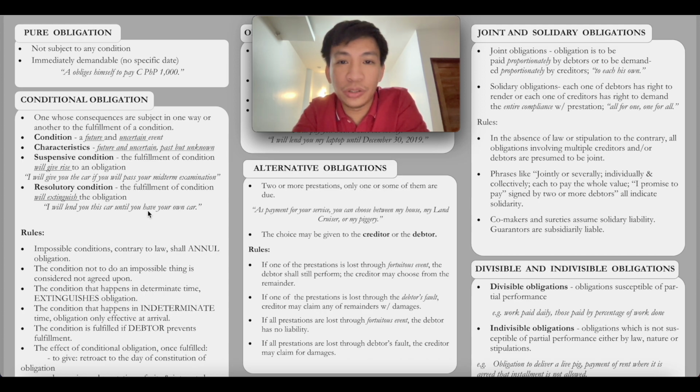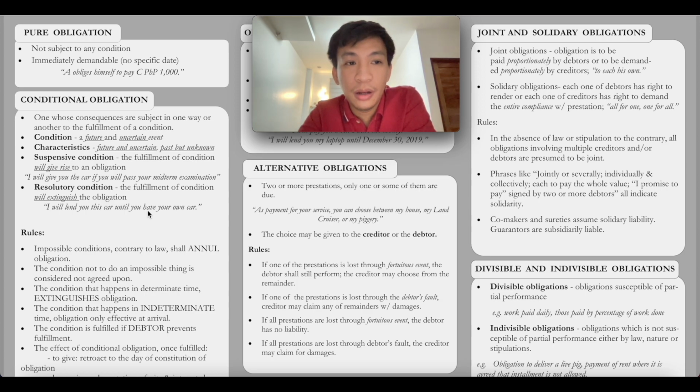Now, what's the condition there? Well, the condition there is hanggang sa makakuha ka ng bago mong sasakyan. But what will happen if you get your own car? Ang sabi dun sa example natin kanina, pag nakakuha ka na ng sarili mong sasakyan, ibabalik mo na, kumbaga, yung sasakyan dun sa debtor.